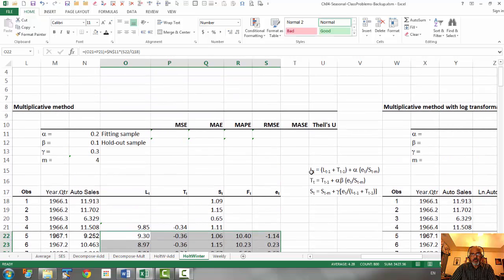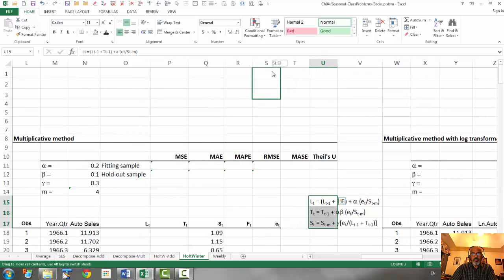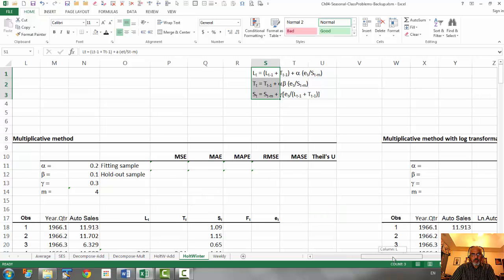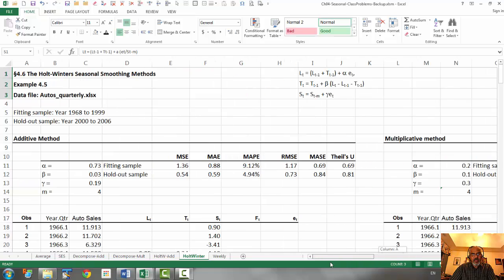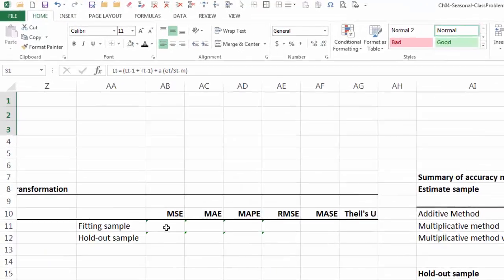Now we have to set up the error measures. So let's move the formulas back up here. Okay, now again remember the fitting sample and holdout sample. 68 to 99 is the fitting sample.